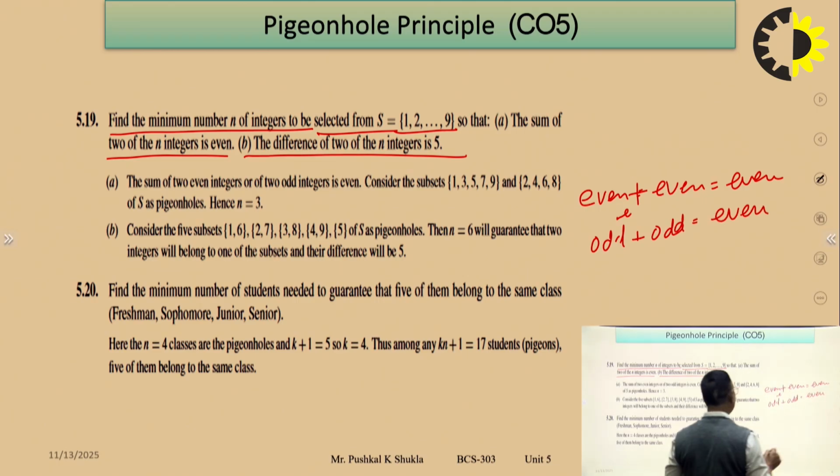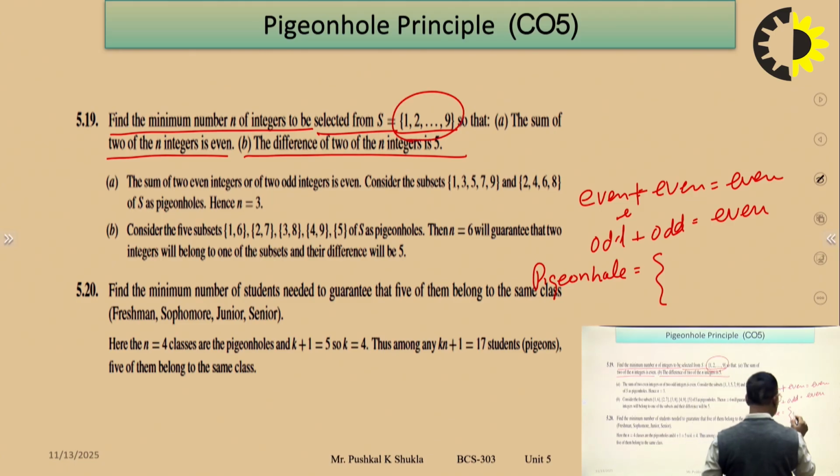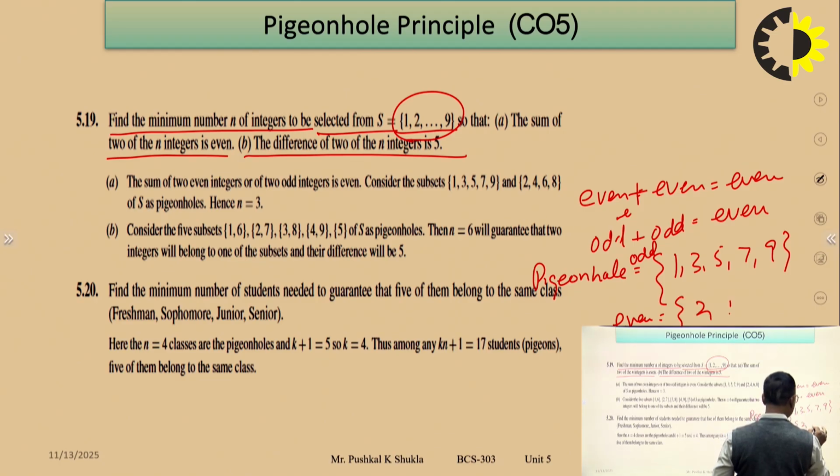First of all we have to make the pigeonholes. The pigeonholes from the set S are the odd numbers 1, 3, 5, 7 and 9, and the even numbers 2, 4, 6, 8.